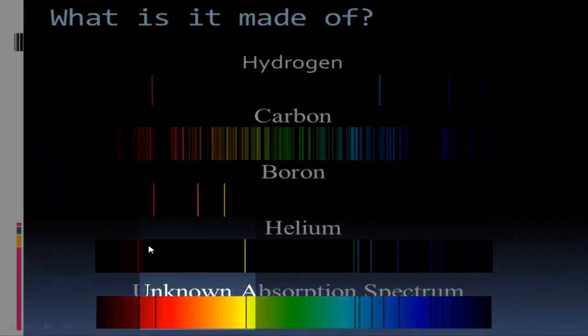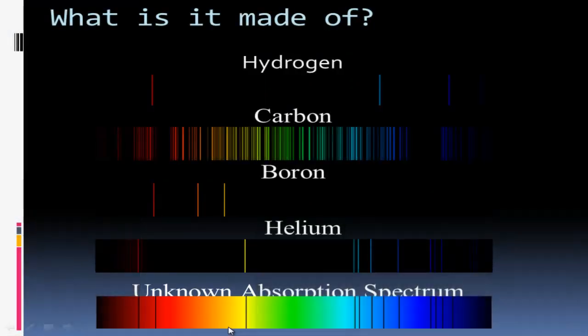Boron looks close. You've got this dark line here, but there are no orange, and the yellow's out of place. When we take a look at helium, things line up really well, and then also hydrogen. All the lines are accounted for. So therefore, we can say that hydrogen and helium are the main components of this gas.